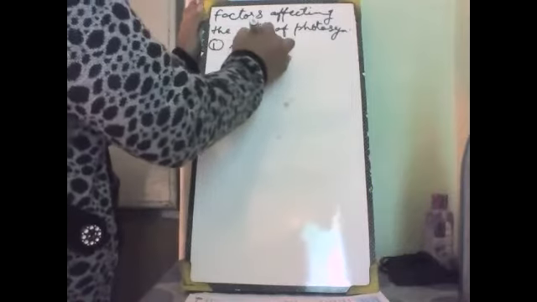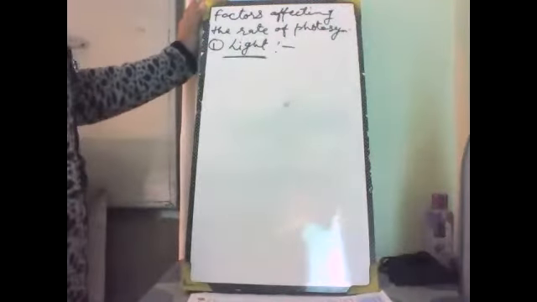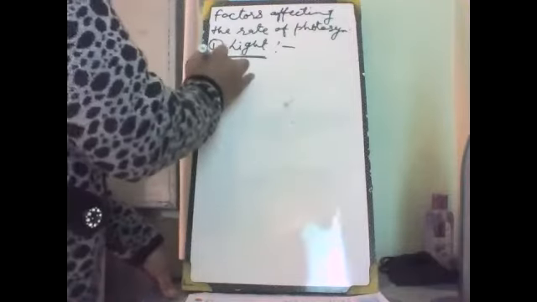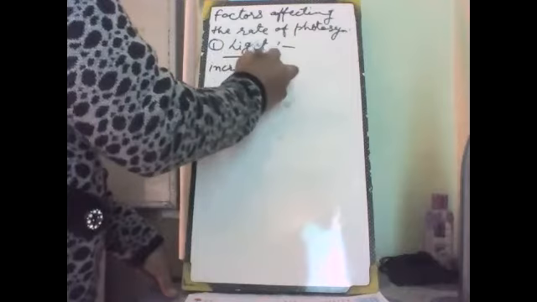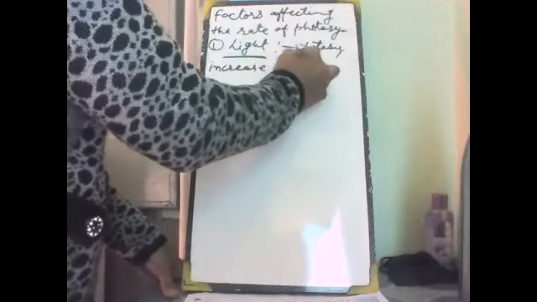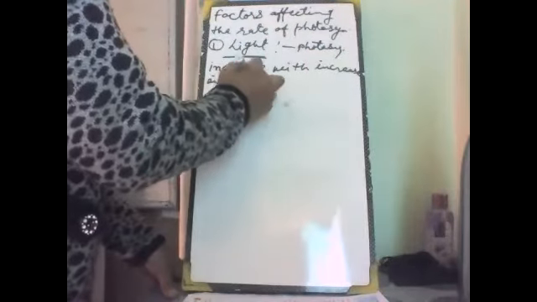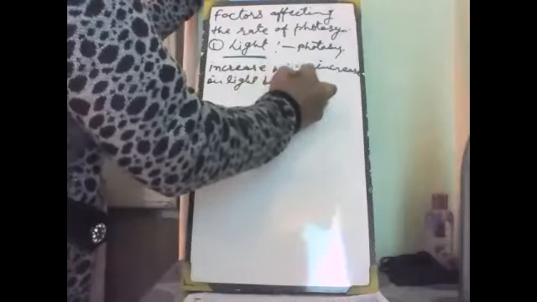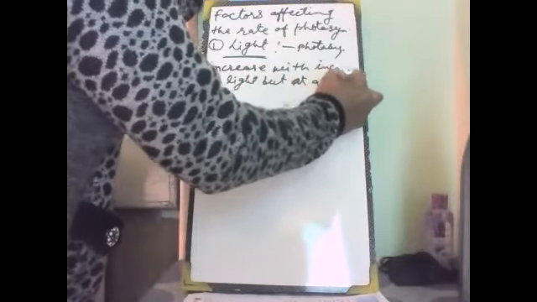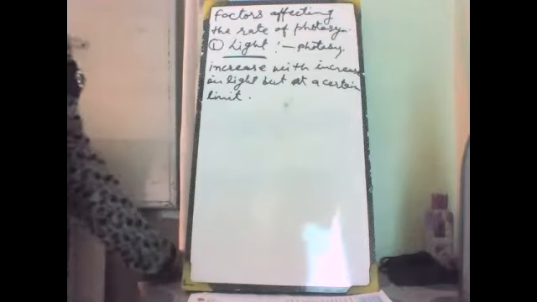First is light. Photosynthesis increases with increase in light, but up to a certain limit.